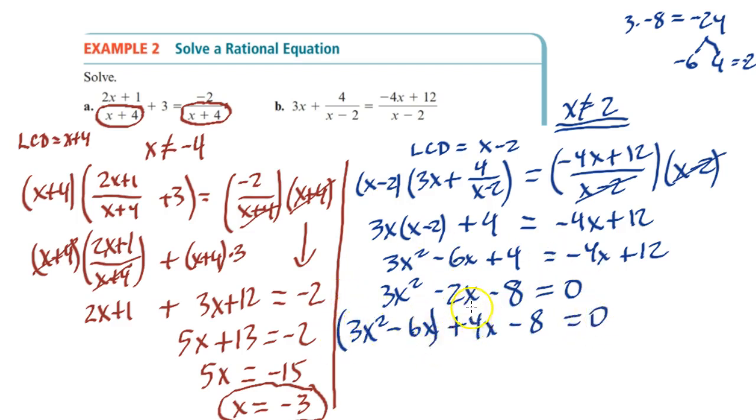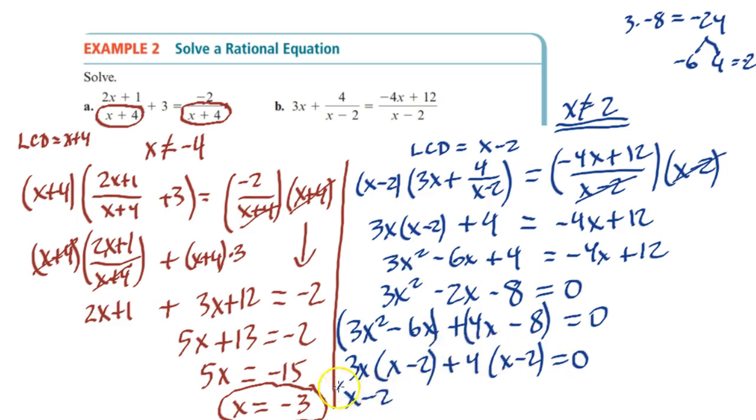And now we want to use grouping. 3x times x minus 2 when we factor the first group. And then plus 4 times x minus 2, the second group. And then that gives us x minus 2 and 3x plus 4 is equal to 0. And then we solve, remember the zero product principle.